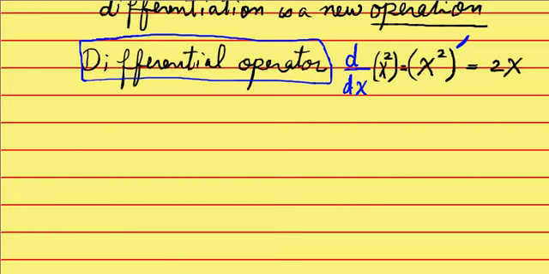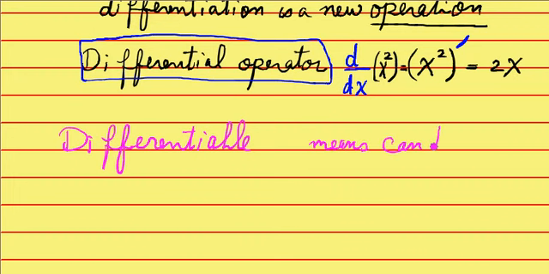So here is the word differentiable. It means it can be differentiated. Means you can go through that limit process, and at the end you got something legitimately. So it means can be differentiated.